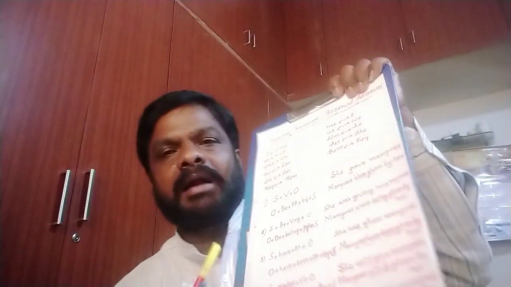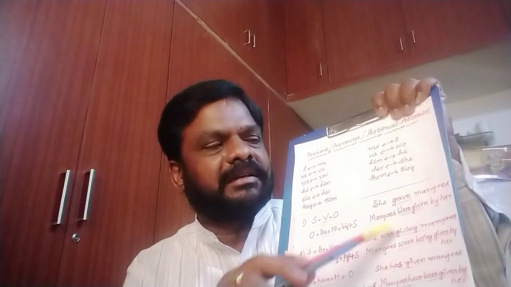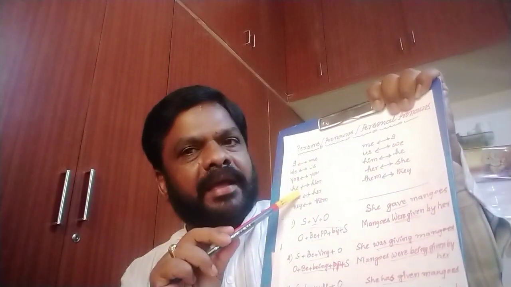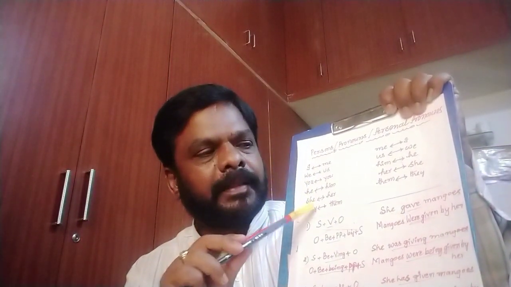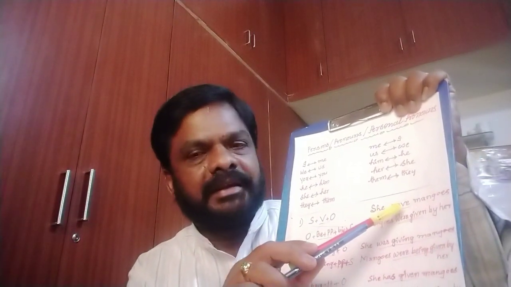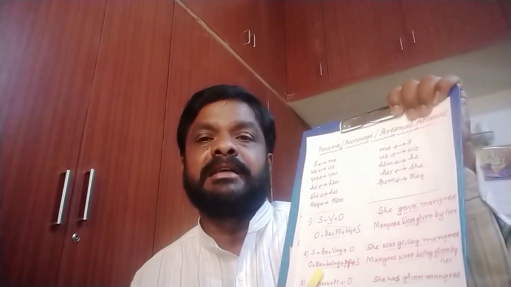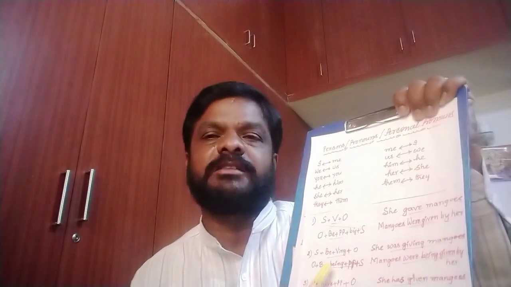Like this, what I am going to say here is that in all types of active to passive voice, object becomes subject, subject becomes object. Before the object you have to put by, and you have to change the persons in the same way, as I have explained already. So the verb will change. If it is only the verb, then that will become be form plus past participle. If the verb is be form plus verb ing, that will become be form being plus past participle.